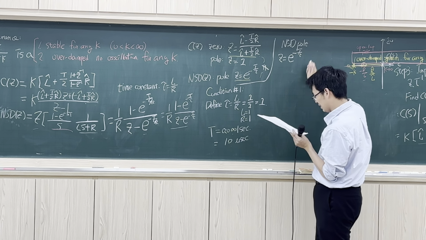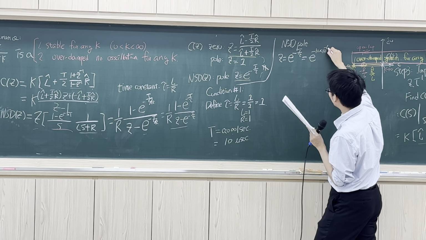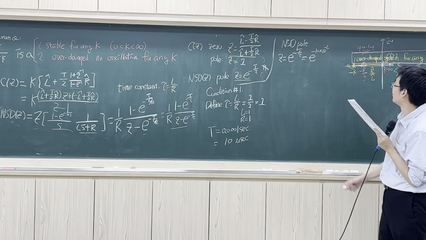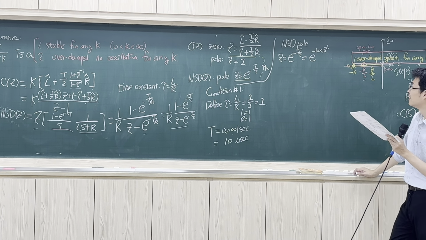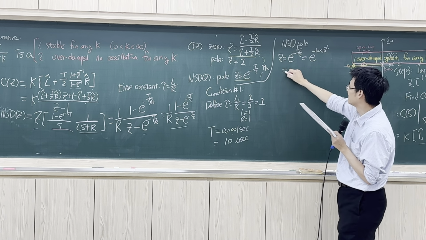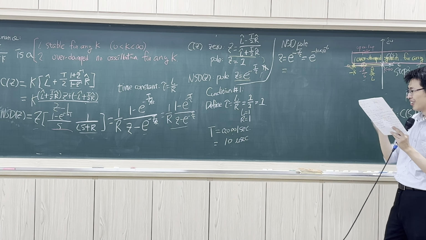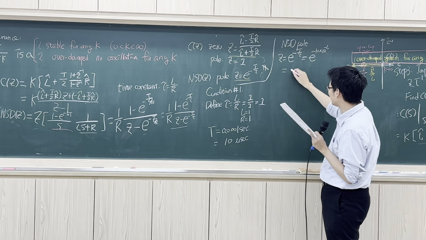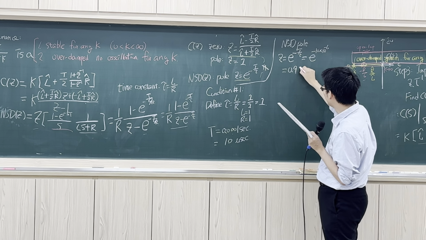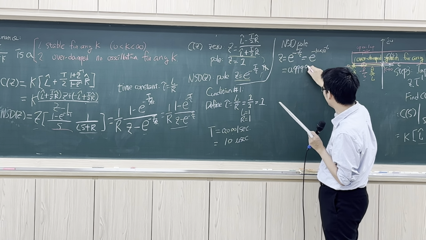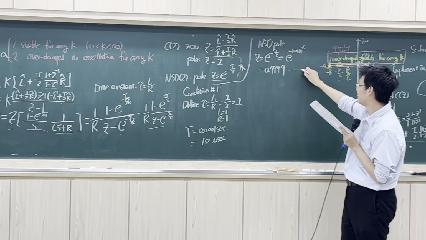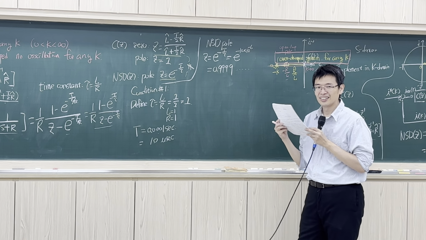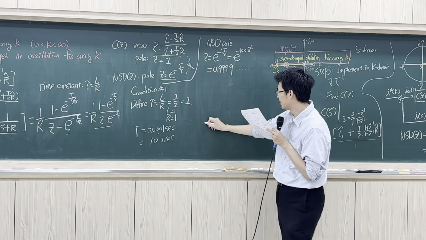So it's equal to exponential minus 10 to the minus 6. From my note, this is equal to 0.9999. You can use the calculator to do that.